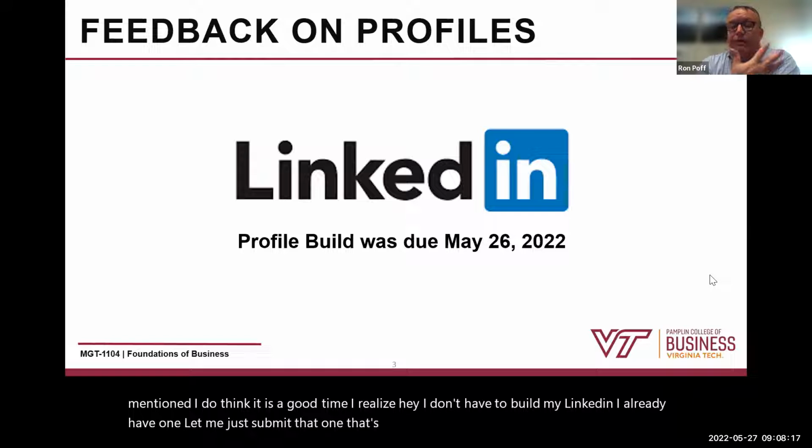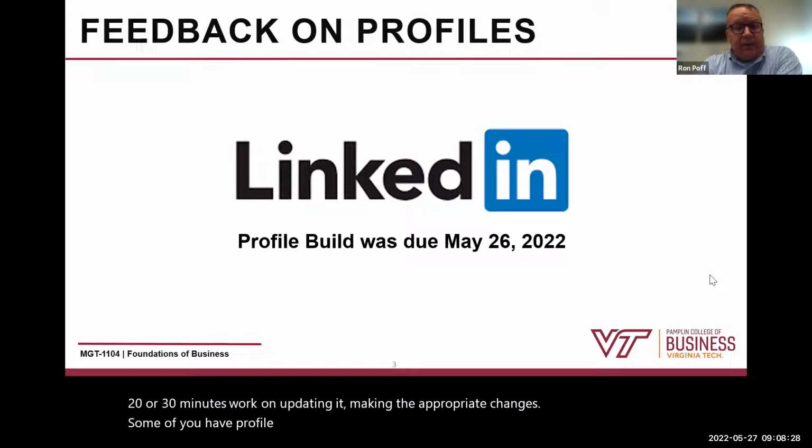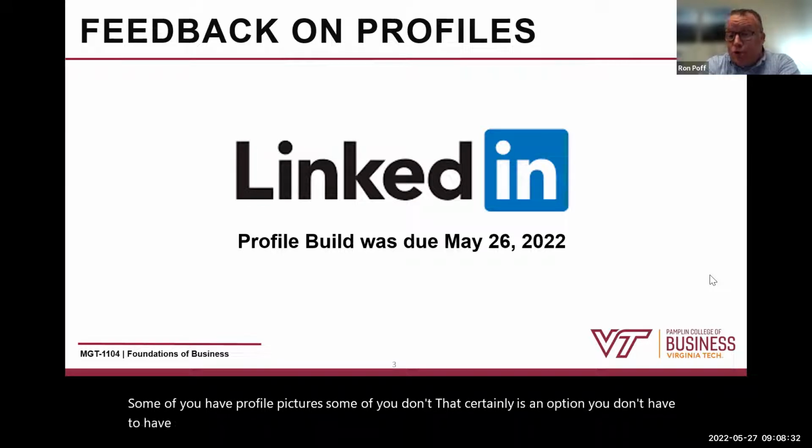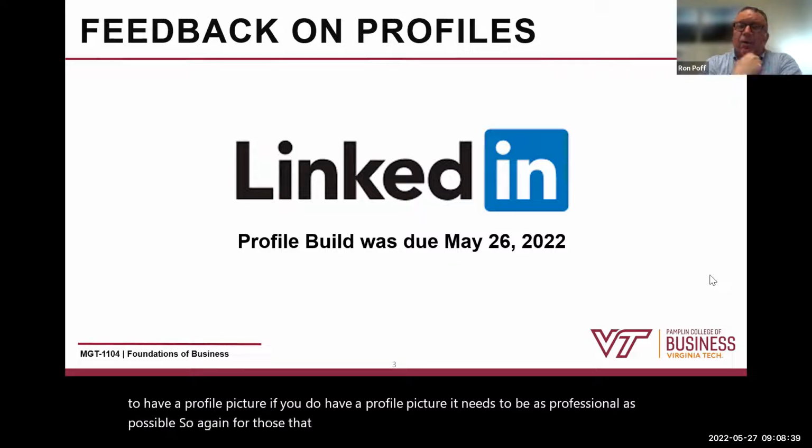I still think that it would be good to take 20 or 30 minutes, work on updating it, making the appropriate changes. Some of you have profile pictures, some of you don't. That certainly is an option. You don't have to have a profile picture. If you do have a profile picture, it needs to be as professional as possible. So again, for those that have had LinkedIn for a while, easy grade for you, but I still think it would have been a good time for you to update.